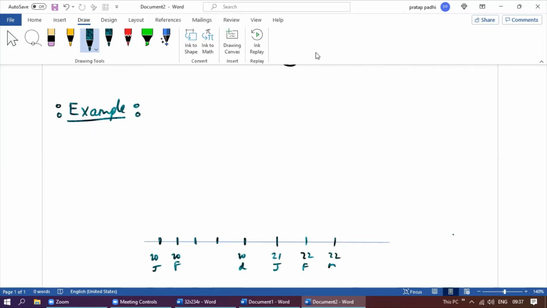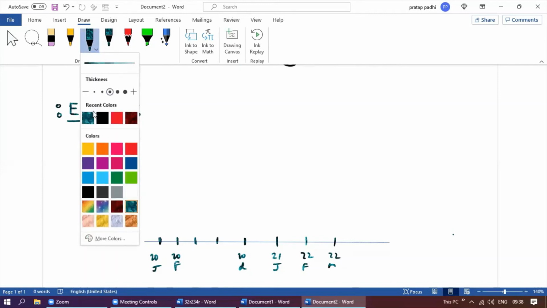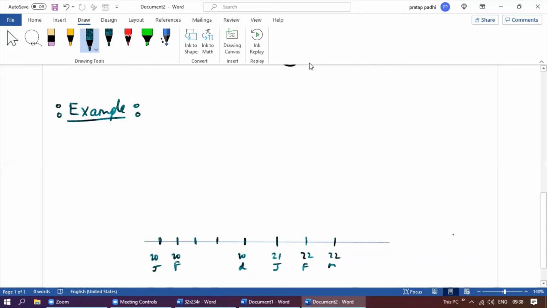With time, if you observe this way, then what will happen? If you take lag one time period, that is 1 month, between January and February there is some link.